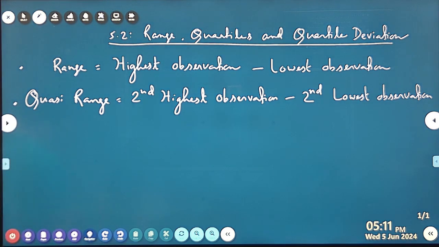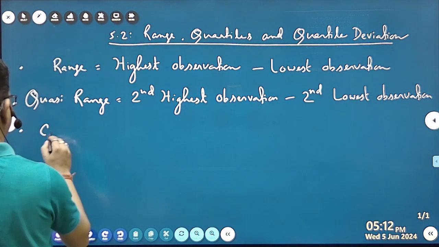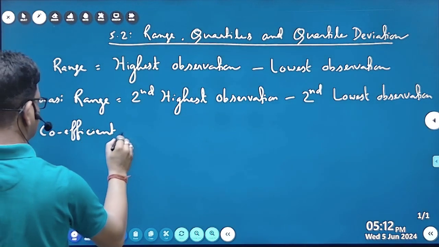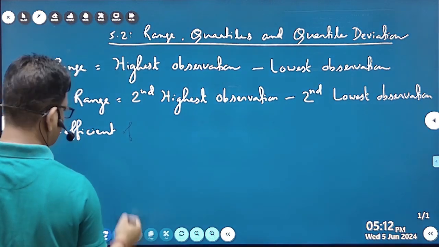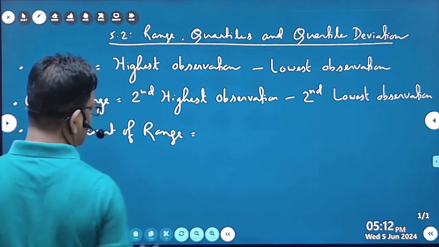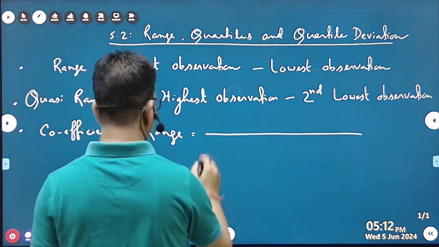We also have another term which is called coefficient of range. I am explaining all these three together first. So first let us write it. Coefficient of range is again a simple thing. It is the highest observation minus lowest divided by highest plus lowest.